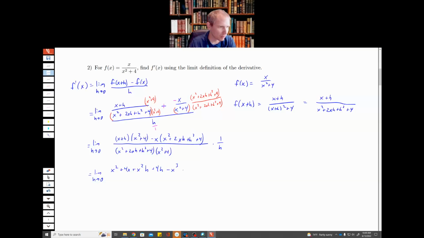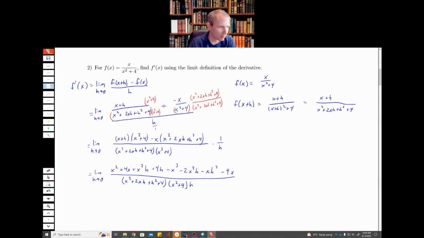So minus x cubed minus 2x squared h minus xh squared minus 4x. Okay. The denominator we leave alone. And, multiplying by 1 over h is just throwing that h in the denominator.